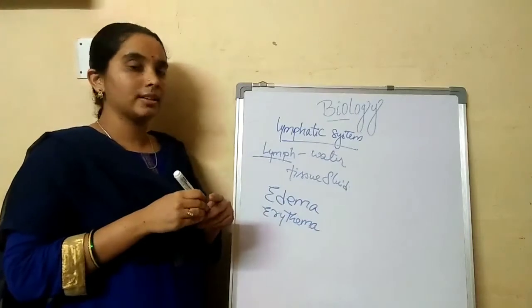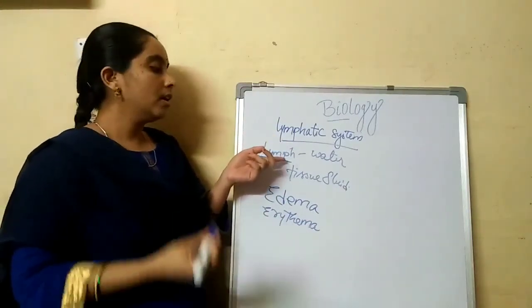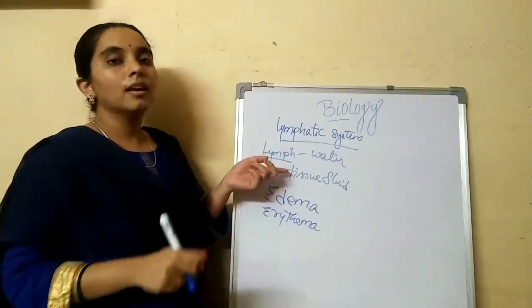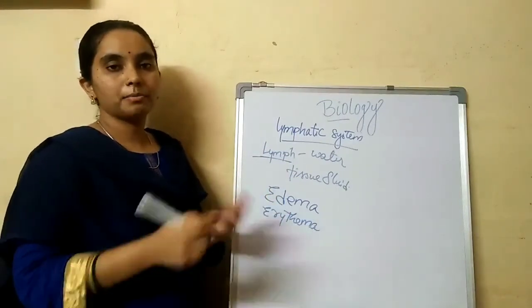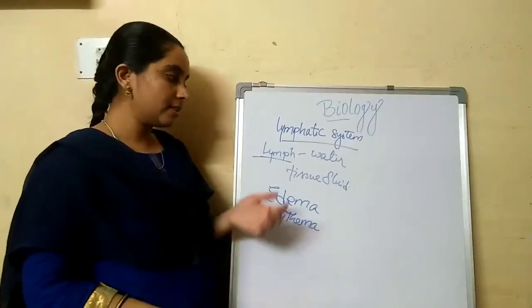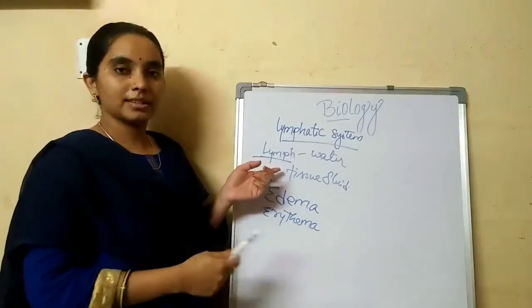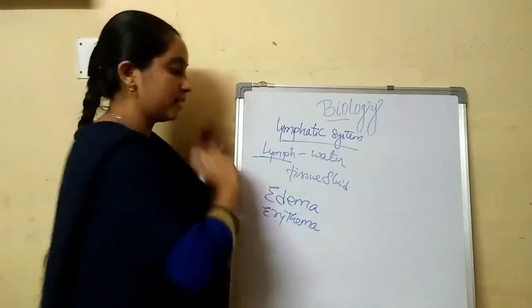Okay, so the important thing is lymph. It is the drainage system of our body. It contains the fluid without any blood cells, and its composition is the same as the plasma. Blood contains plasma as well as blood cells, but lymph only contains the white blood cells.